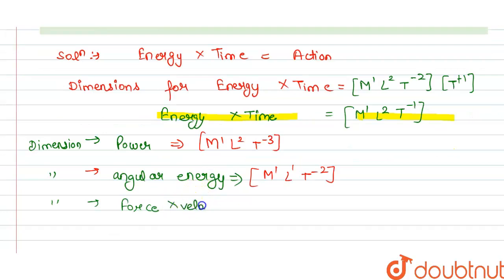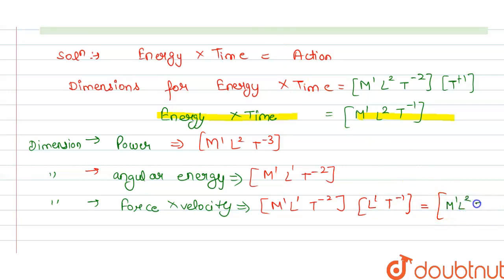Force is mass into acceleration, so it is M1 L1 and T -2, and velocity is distance divided by time, so this is L1 T -1. This will equal M1 L2 T -3. This is also not the same as the dimension of energy and time.